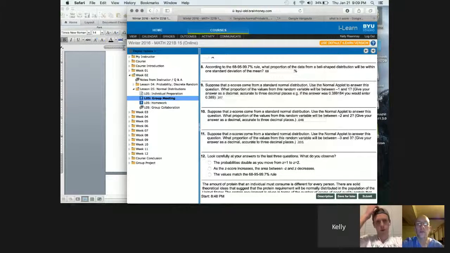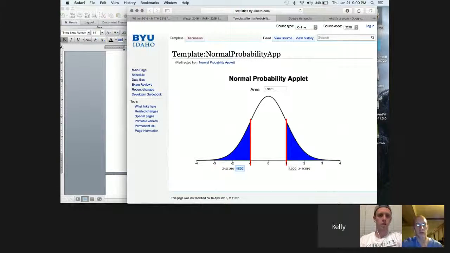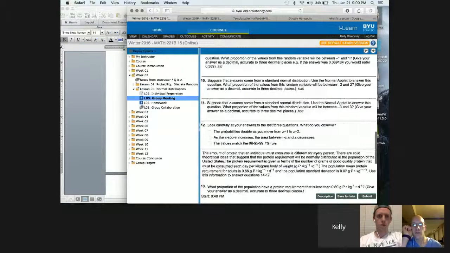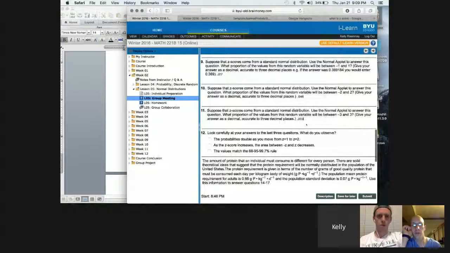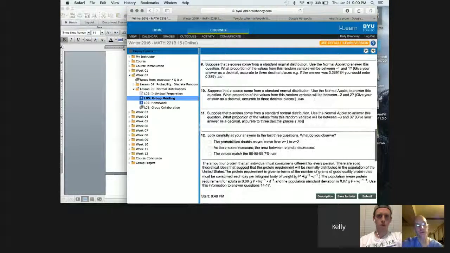So just to review, for number 9 we got 0.317. For number 10 we got 0.046, and for number 11 we got 0.003. That's correct. Look carefully at your answers to the last 3 questions. What do you observe? The probabilities double? No. It follows the 68, 95, 97 rule.